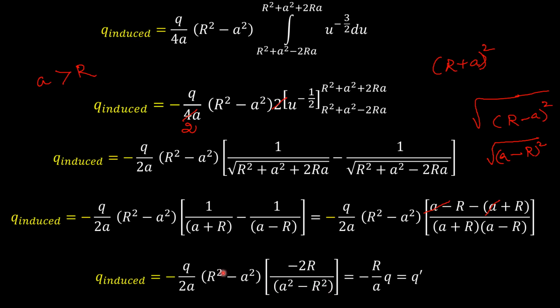But here this minus will become plus. Remember that here you have r squared minus a squared, and here a squared minus r squared. So I can change it to a squared minus r squared. That means I have to multiply by minus. This can be written as minus a squared minus r squared.